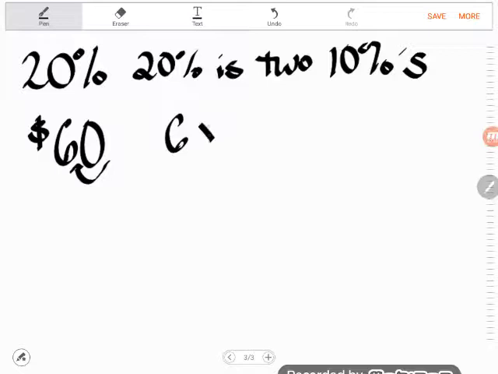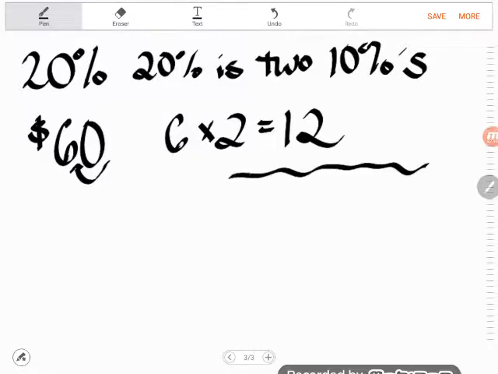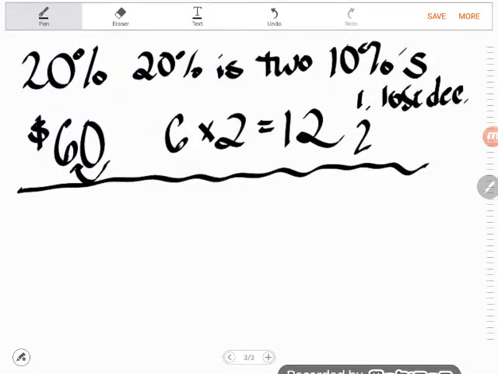I want 2 of these, so I'll double that. 12. And so I really quickly, by losing a decimal place, that's the first thing, lose a decimal place, and then double your answer, I can find 20% super quickly in my head.